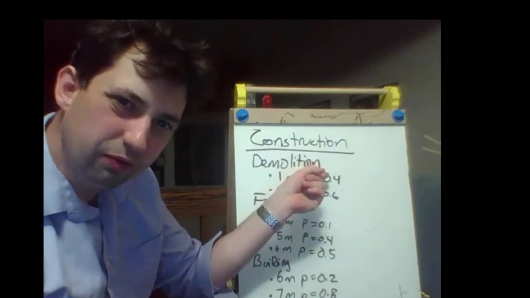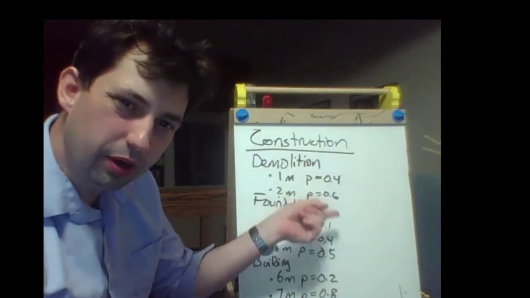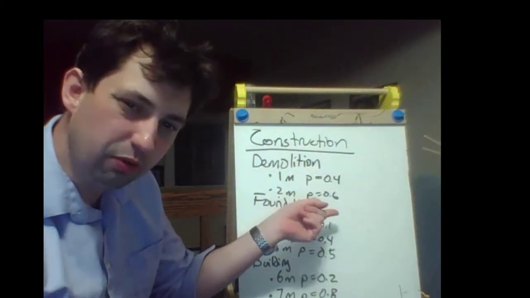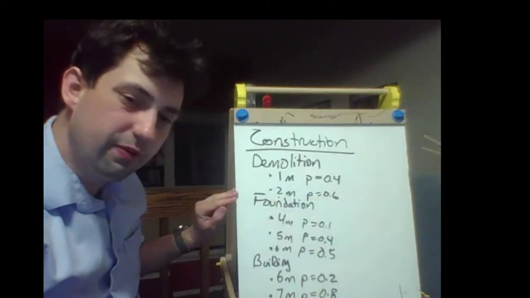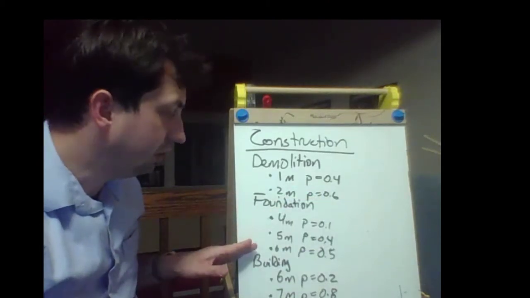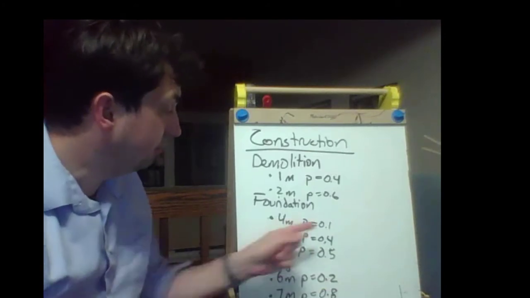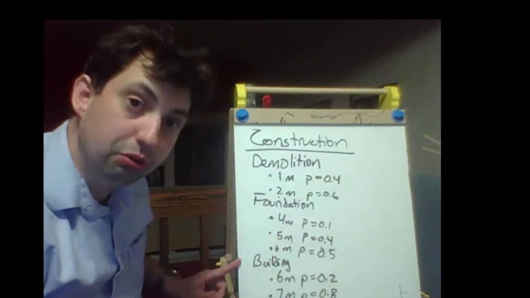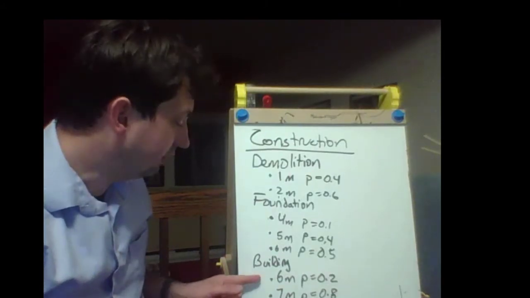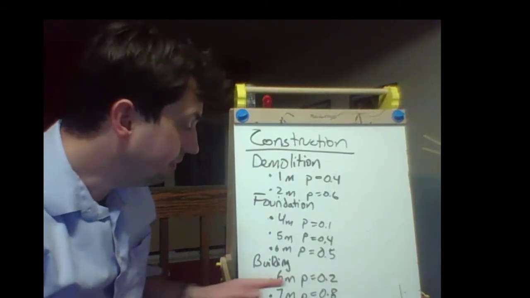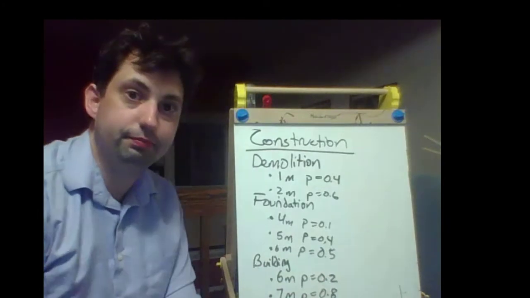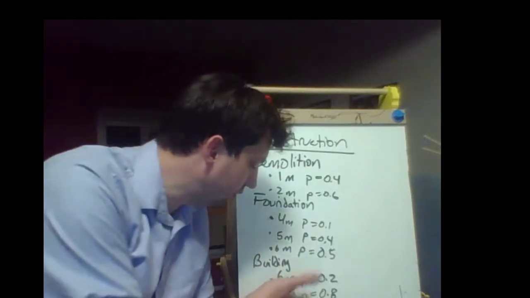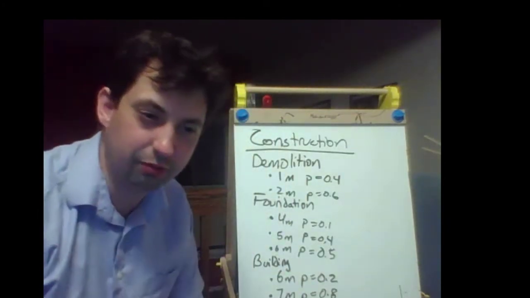There's a 40% chance of 1 month, or 0.4, and 0.6, or 60% chance of 2 months. For foundation, it can take 4, 5, or 6 months with probabilities of 0.1, 0.4, 0.5. And for the actual building of the building, it can take 6 or 7 months, with probabilities 0.2 and 0.8. That's an 80% chance it'll take 7 months, 20% chance it'll take 6 months.